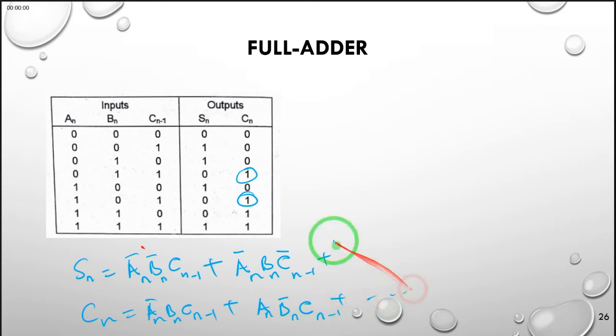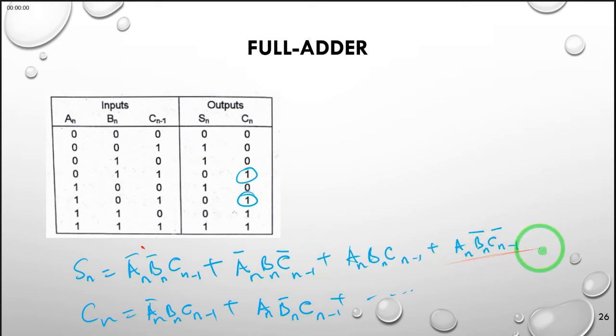You can do that for all of the possible minterms. When you fully represent the Sn output, you will find that Sn may be expressed as this, which is the expression for the sum Sn, and this is the sum of products for Cn.